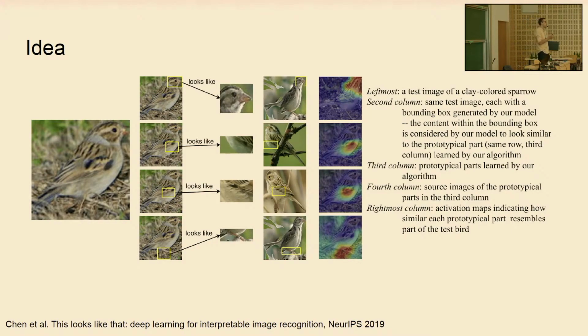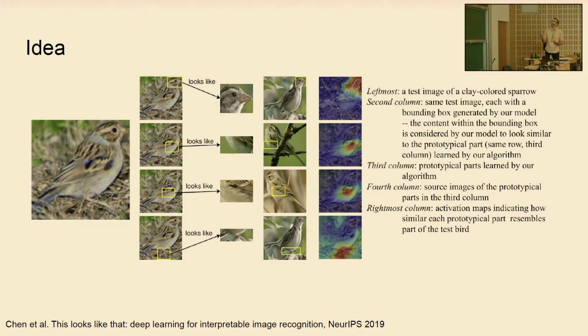Prototypes are usually considered in the machine learning literature as something which describes the whole image, the whole object, right? So there are some prototypes for each class, right? But here we have prototypical parts, and prototypical parts are the parts of the object.